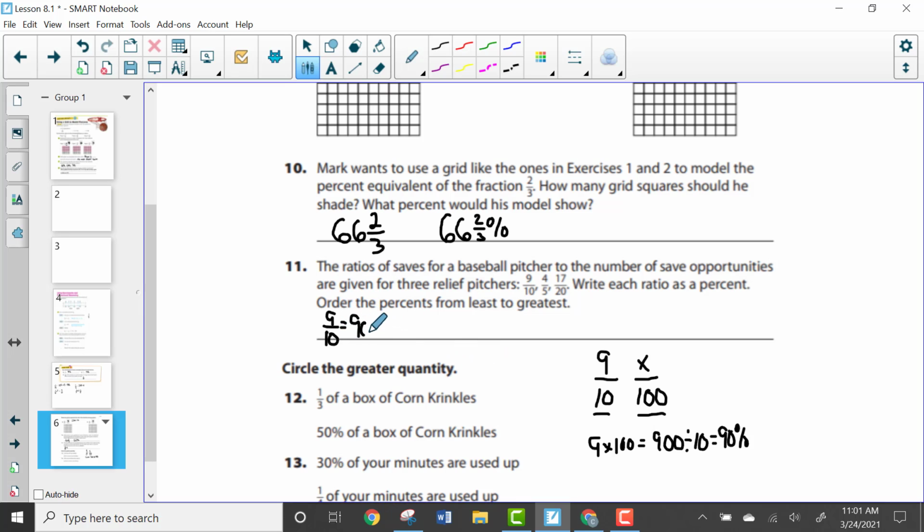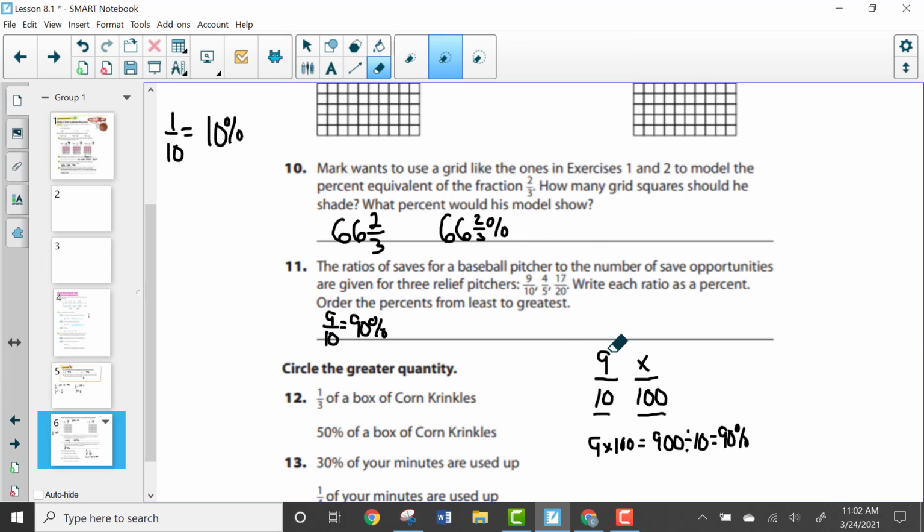Or what we could think about is remembering that 1/10 as a fraction equals 10%. And we have to multiply 1/10 times 9 to get 9/10. Therefore, we would multiply the percentage by 9, giving us 90%. So that's another way to do that one as well.